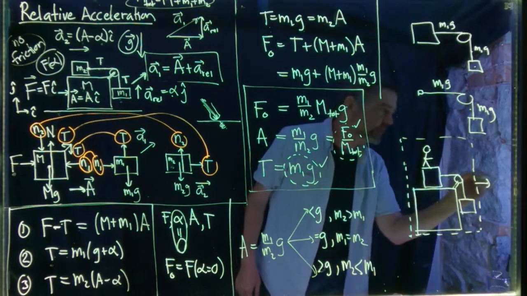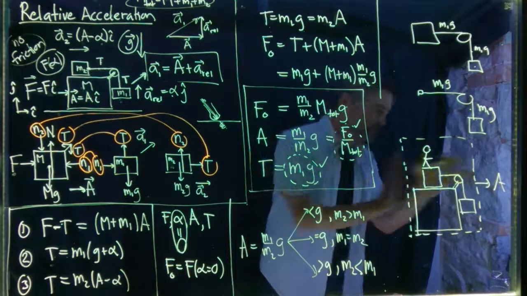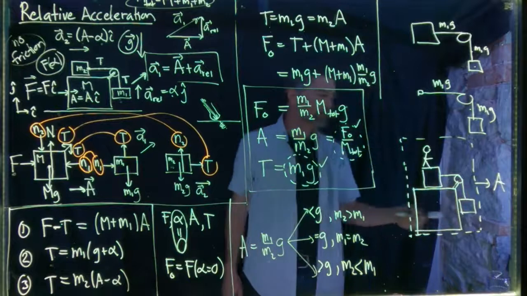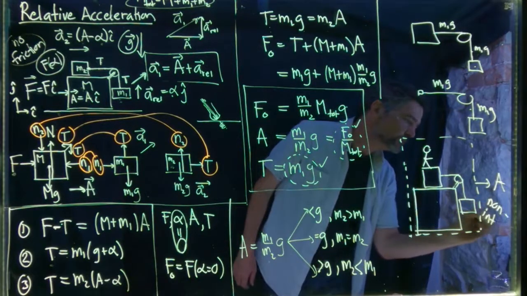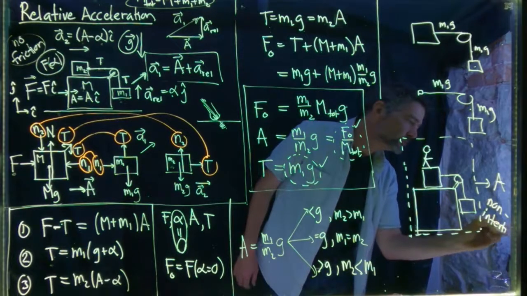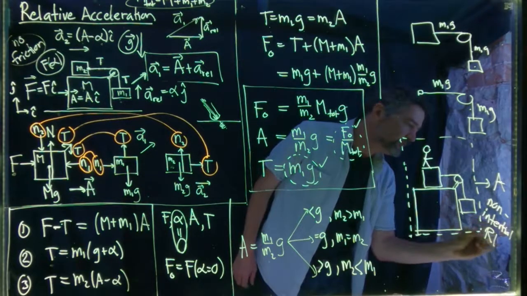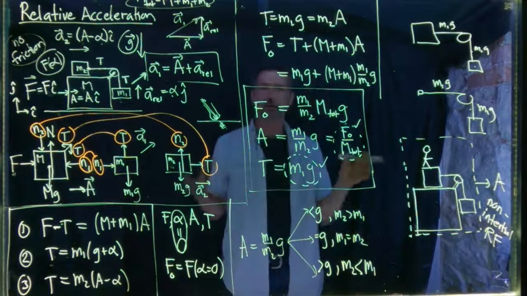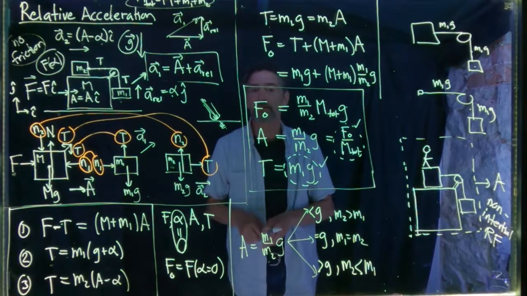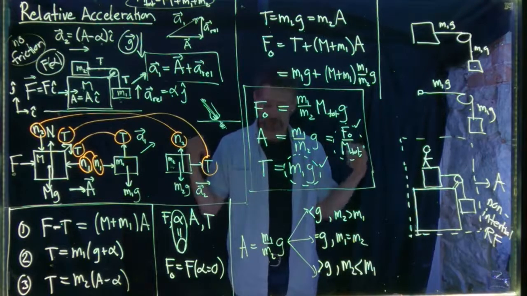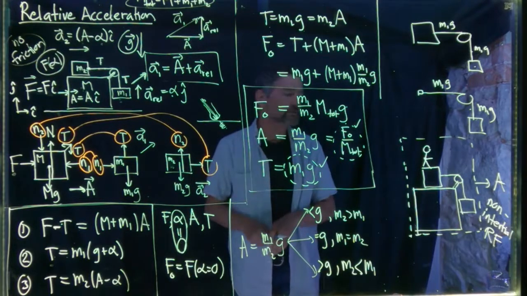So here we have the entire frame of reference accelerating to the right with an acceleration A, and so this is a non-inertial reference frame. Okay, non-inertial reference frames are perfectly valid. That's how Einstein came up with his equivalence principle, which was an inspiration for general relativity and all that kind of stuff. So don't be afraid of looking at things in non-inertial reference frames.